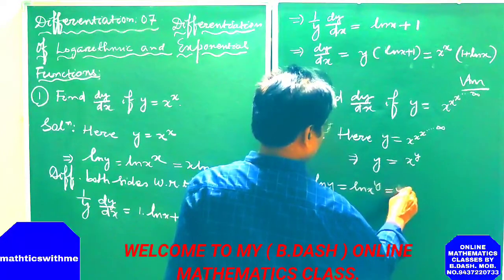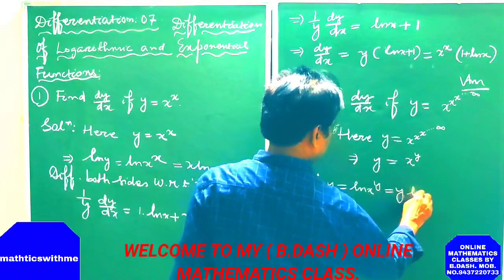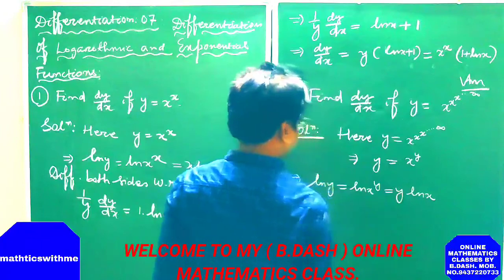This implies taking ln both sides, ln y is equal to ln x to the power y, so this is equal to y into ln x.